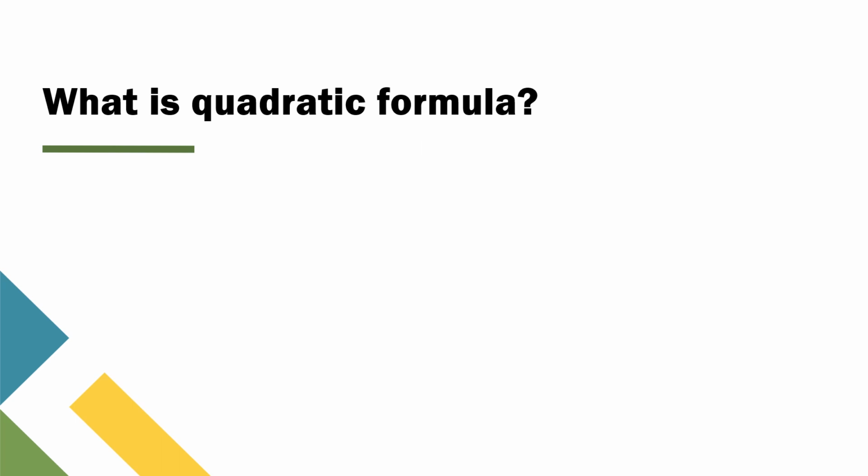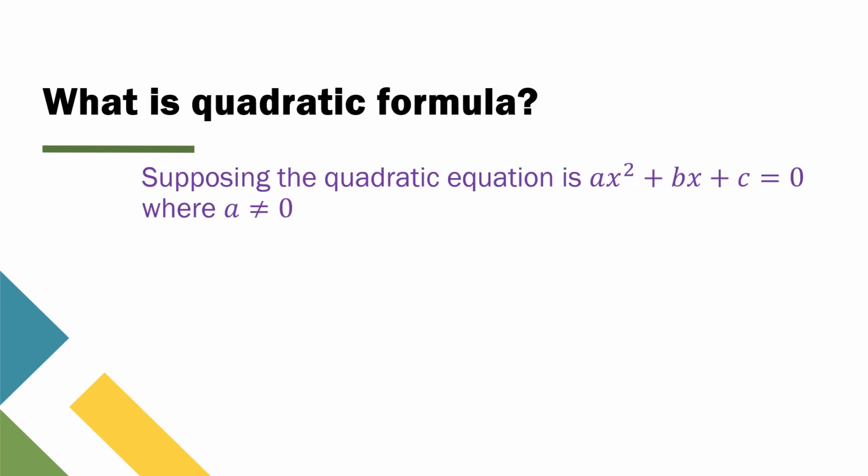Alright, so what is the quadratic formula? Supposing the quadratic equation is ax squared plus bx plus c equals 0, where a is not equal to 0. Because if a is equal to 0, then you end up getting this guy here.